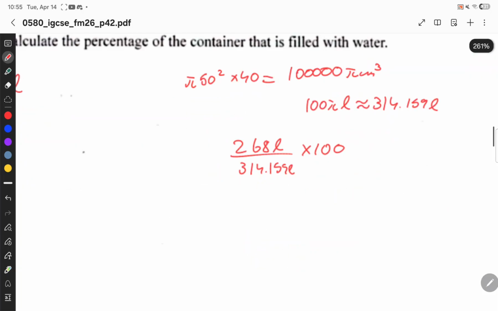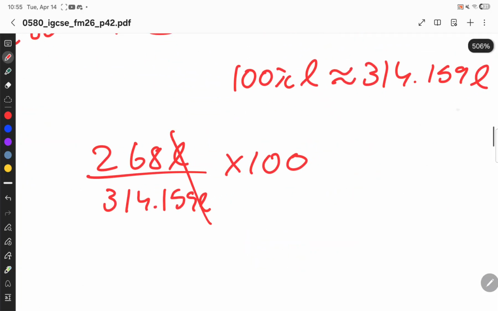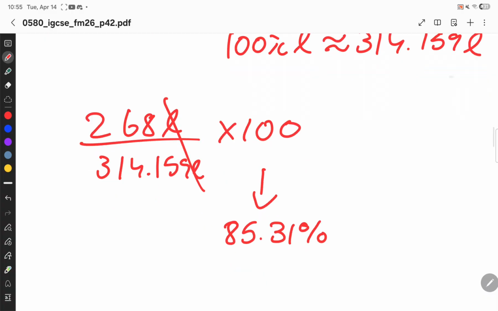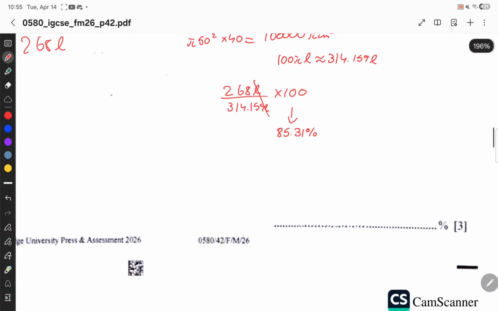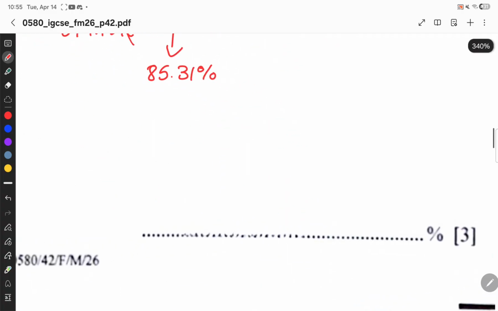The liters cancel out, and then we get the remaining answer. 268 over 314.159 times 100 is equal to 85.31%, correct to 3SF.